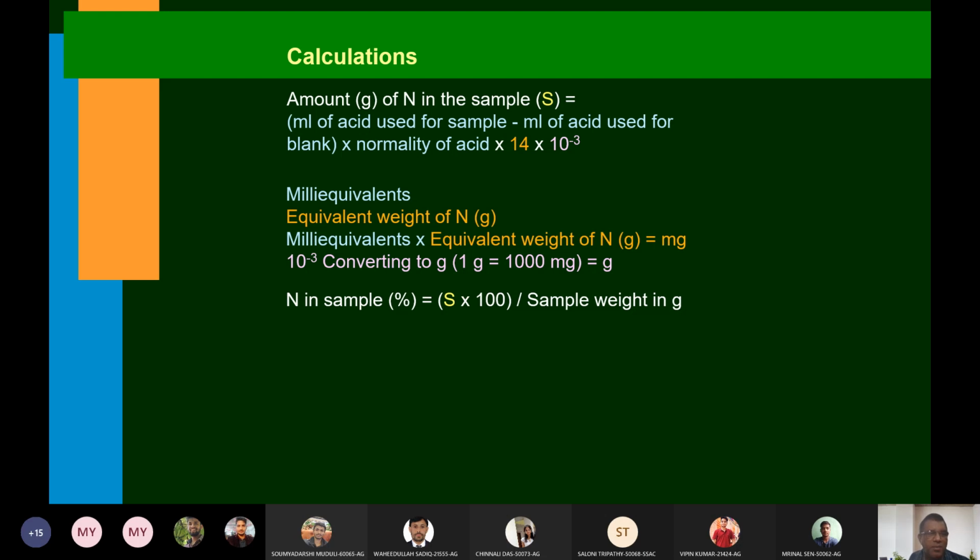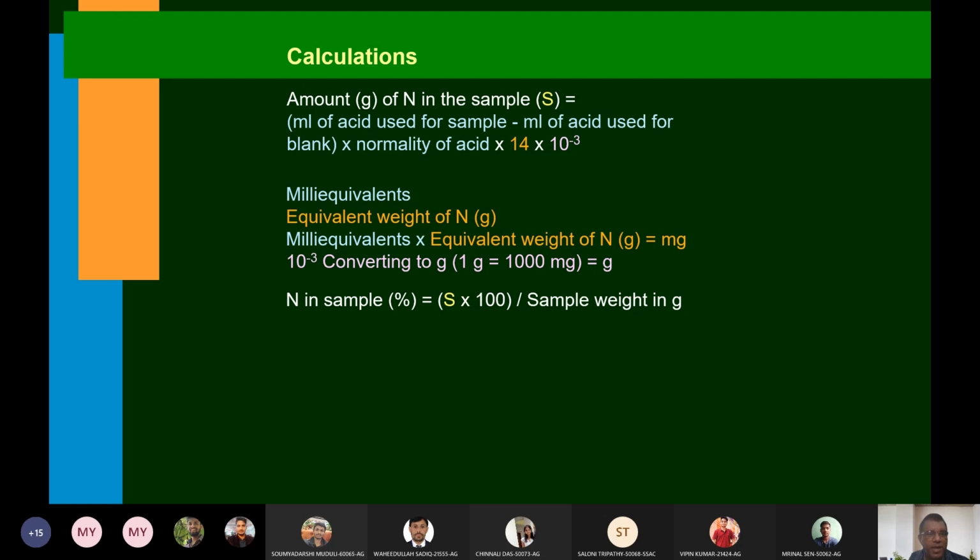So you see, amount of nitrogen in the plant sample, which is represented by S, yellow color, S, ml of acid used for sample minus ml means volume of acid used for blank, into normality of acid into 14 into 10 to the power minus 3. So here the meaning of everything is explained here.